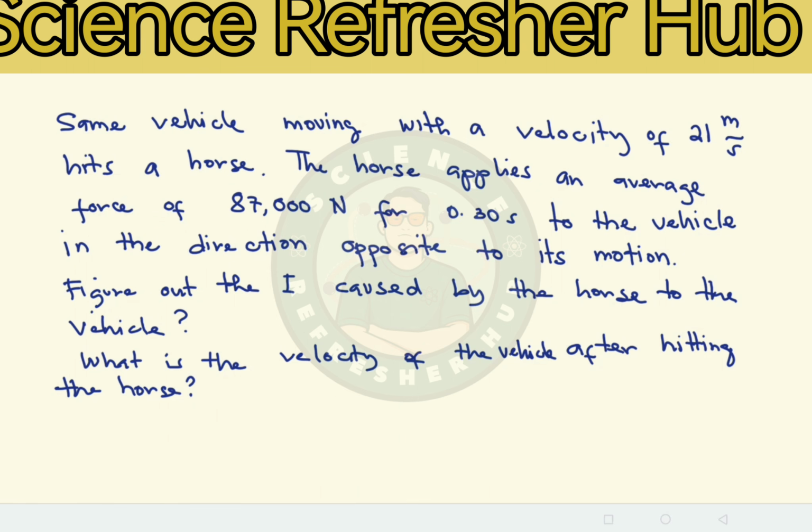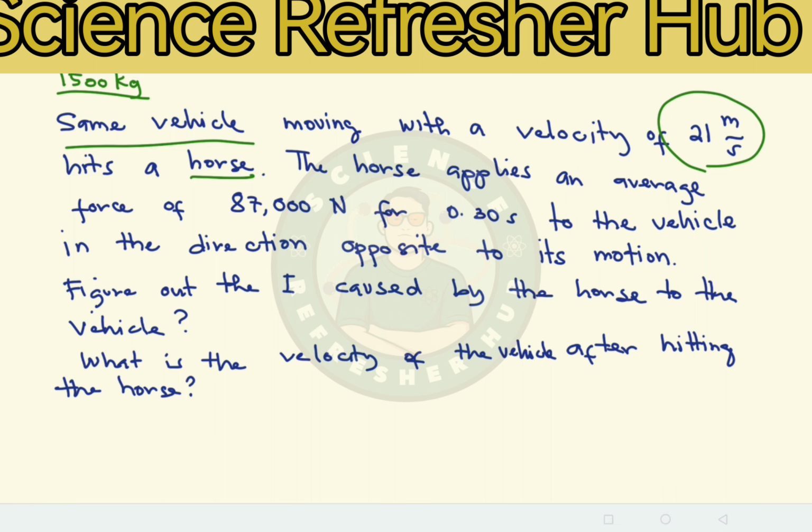So our next problem, we have the same vehicle that we analyzed earlier. The velocity earlier was around 22, but this time it might change, but the vehicle itself is still 1,500 kilograms, moving with the velocity of 21 meters per second, and hits a horse.